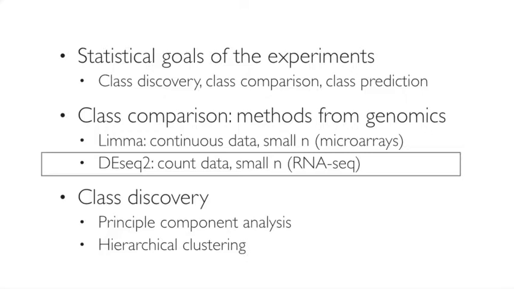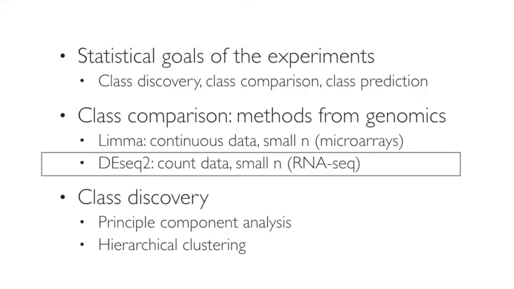And by count data, I'm thinking specifically of spectral counting. In genomics, it came about when we started working with RNA-seq. RNA-seq was very exciting because we could quantify things with higher sensitivity and potentially higher resolution. So it was very nice.